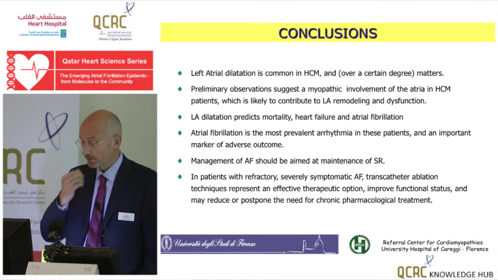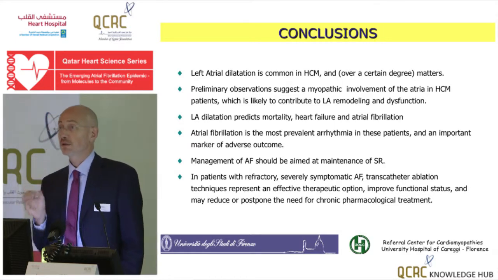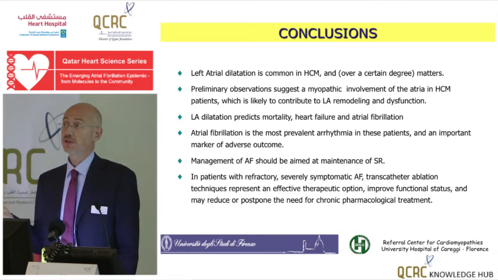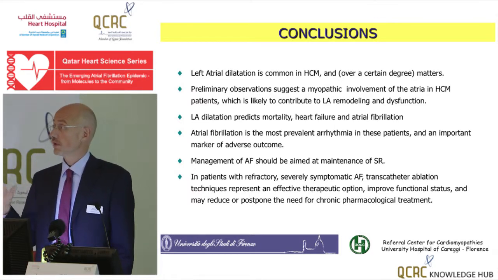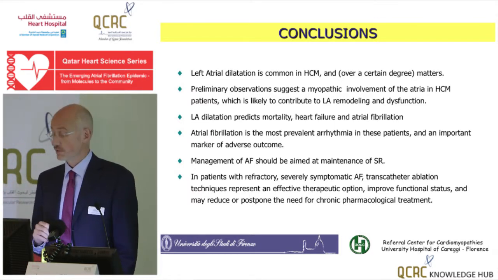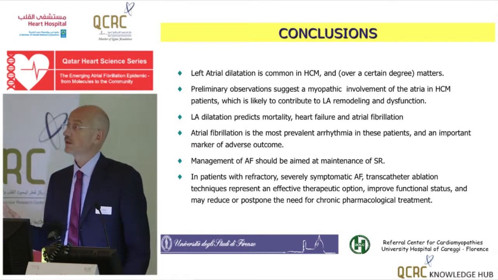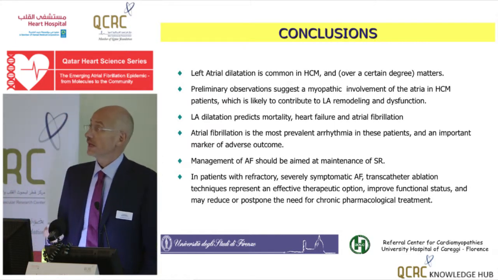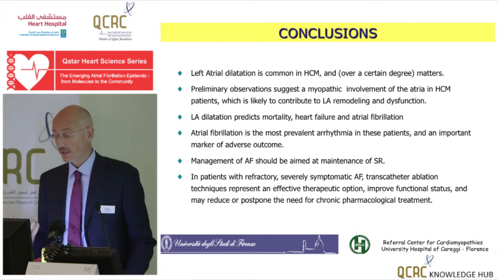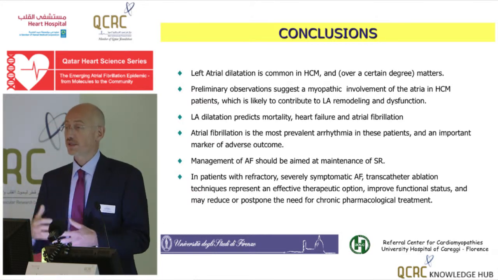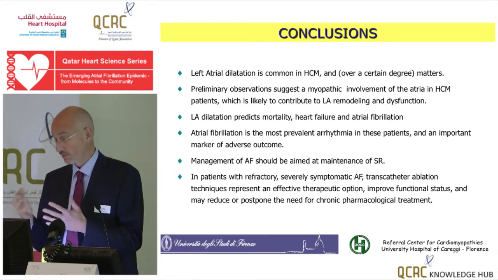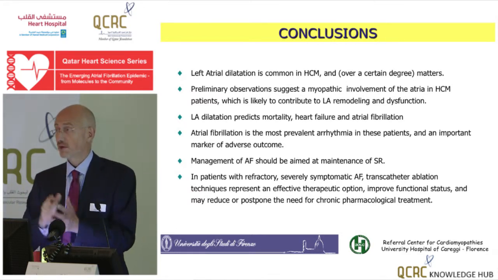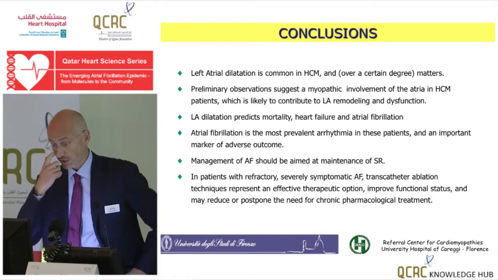So I would like to conclude just by saying that in inherited heart muscle disease, particularly hypertrophic cardiomyopathy, we have to consider we are dealing with a very likely myopathic atrium, which tends to dilate very, very frequently. However, atrial fibrillation most commonly is a mix of the myopathic involvement and hemodynamic pathophysiological aspects of the disease, specific and most importantly, those related to heart failure and disease progression.